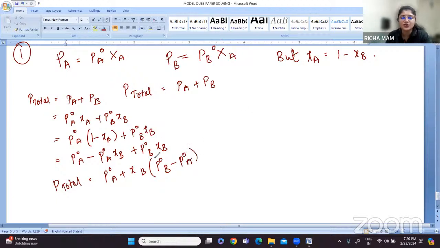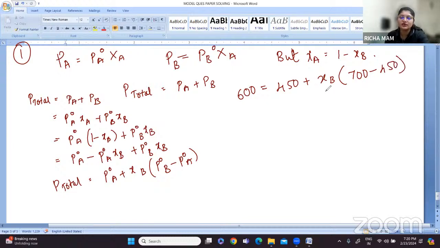After substituting, the total vapor pressure is 600. The pure liquid A is 450 plus XB into, as we know the vapor pressure of pure liquid B, 700 minus 450.